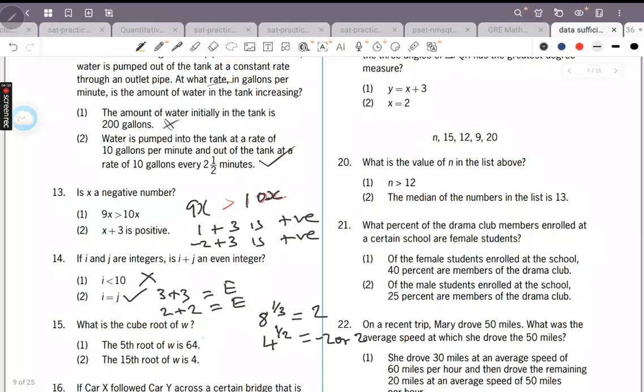This is sufficient. The 15th root of W is 4, we also have a specific value. This is also sufficient. The main thing this question is testing is the ability to differentiate between when the root is even and when the root is odd. If the root is even, you have plus or minus. If the root is odd, you have only a specific value. So both of them are sufficient.